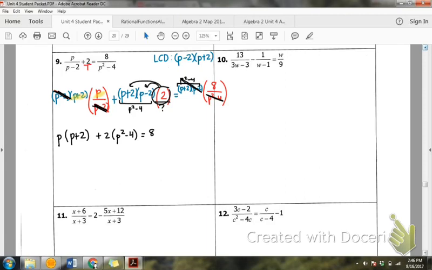Okay, so now let's do some multiplication. Go ahead and distribute here and here and simplify. You guys know how to do that without me. Go ahead and simplify those.